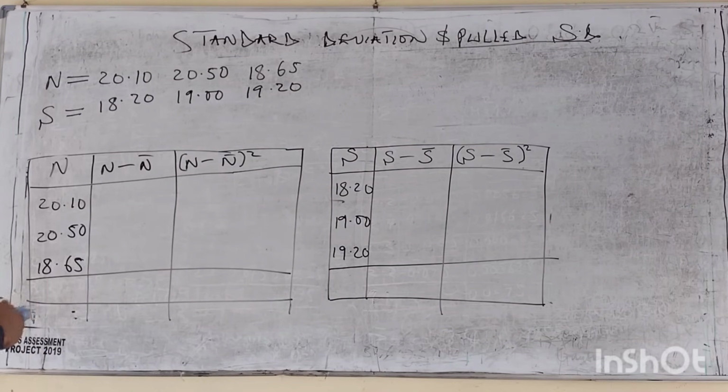So we have minus the mean. Let's know what the mean is by summing up: 20.10 plus 20.50 plus 18.65 gives us 59.25.